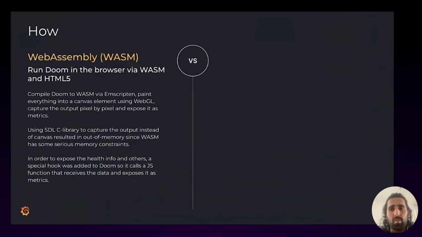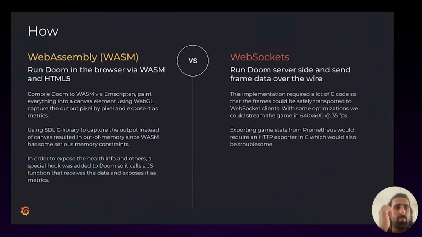And the other one was running the binary somewhere else and doing all the calculations so that we have Grafana-ready data and streaming it over the wire with either WebSockets or whatever. The second option was disqualified because it required a lot of C code and a lot of bandwidth.